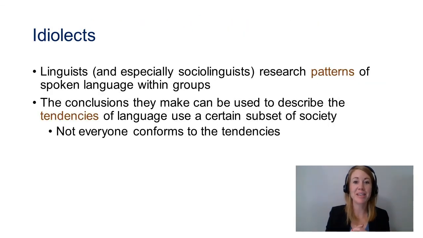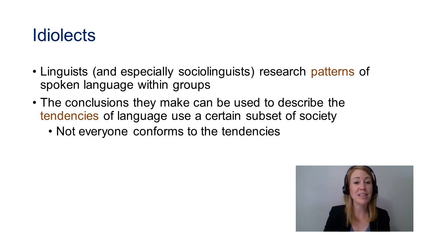So let's wrap this up. We want to say this about linguistics research. When describing linguistic phenomena, such as using or dropping the R sound or dropping the G sound, or to say that men are more likely than women to use marked speech, we as linguists are describing tendencies. Not to say everyone conforms to these tendencies.